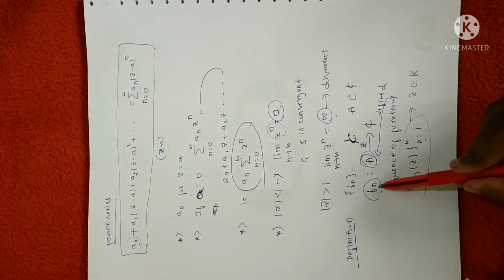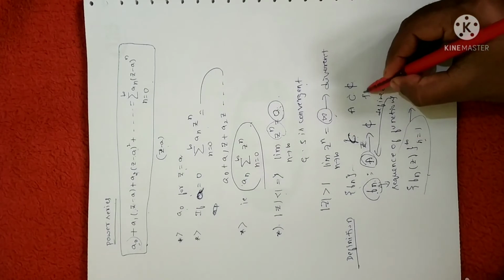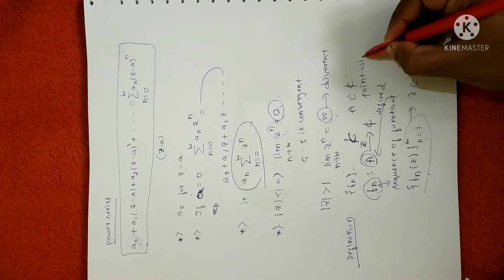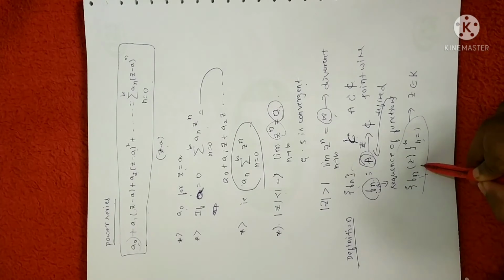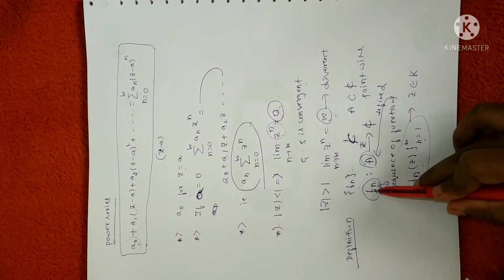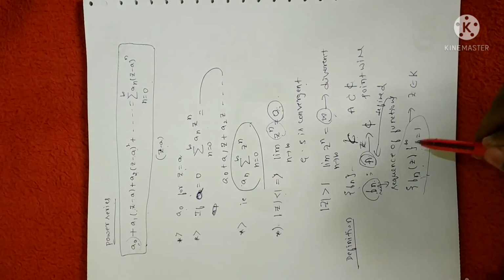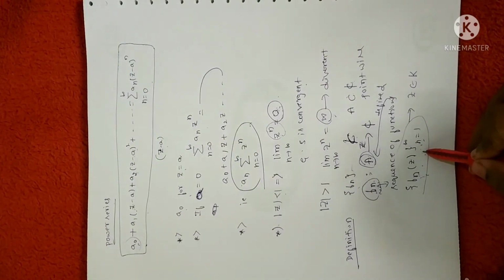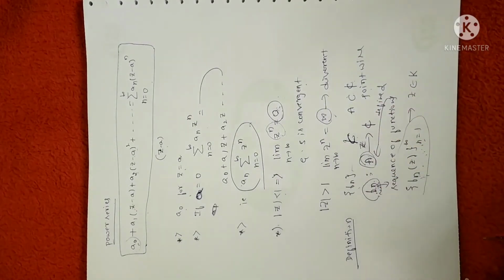In the sense, the sequence of functions Fn is converging pointwise only when, if you take the sequence Fn of z, it is converging at each and every point. Then we can say that the given function Fn is converging pointwise. So this is the definition of pointwise convergence.